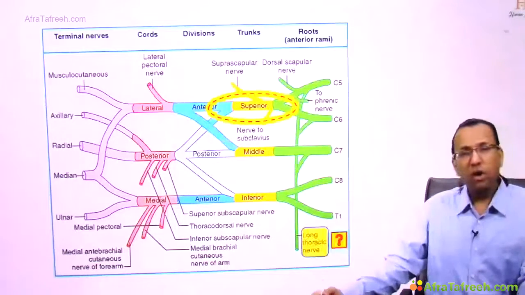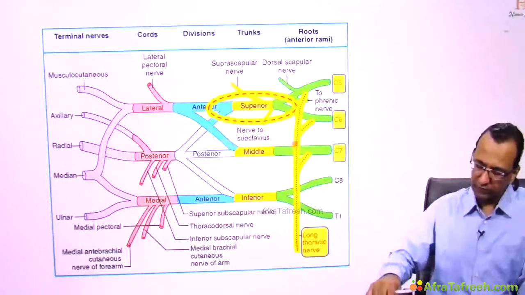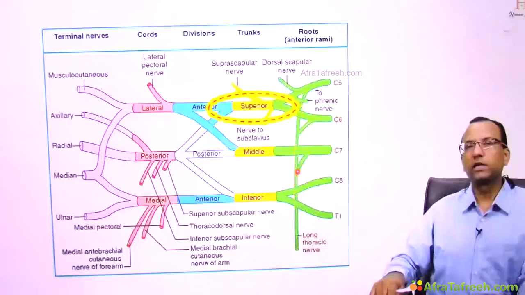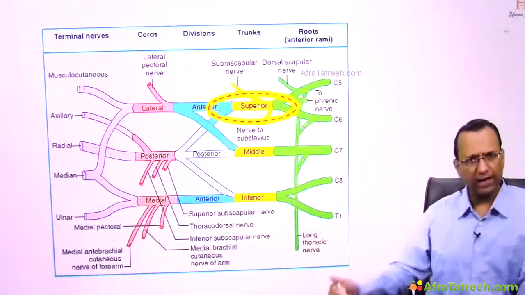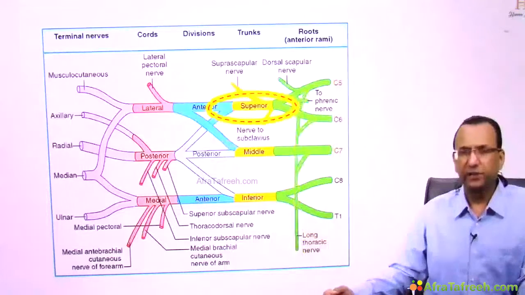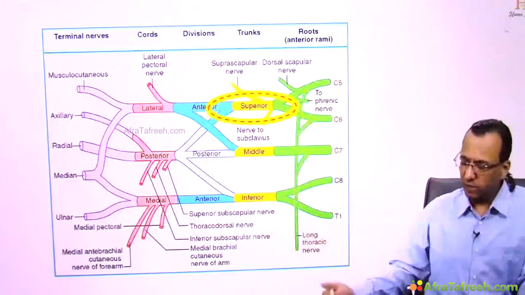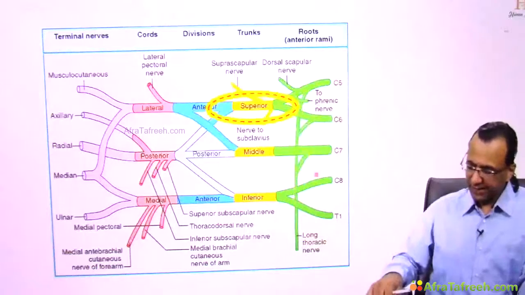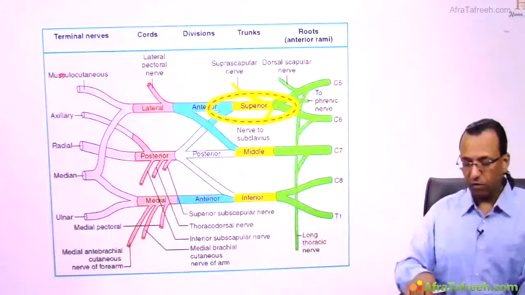See, this is the long thoracic nerve to serratus anterior, and it is given directly by the roots of C5, 6, 7 in the neck region. So it will not be involved in most cases of Erb's palsy, because it is already given off and the injury was distal to that level. So only the distal area is involved, not the proximal area.